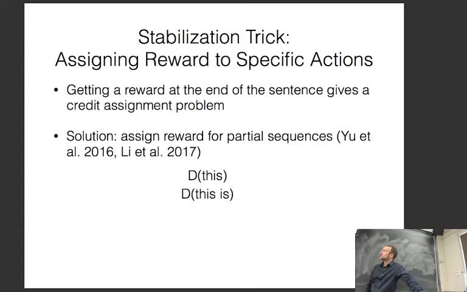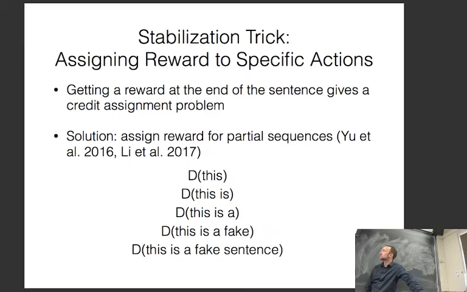Then you do it over "this is," then "this is a," and then "this is a fake." The moment it sees fake, it knows it's a fake sentence and gives a bad discrimination score to it. So your model basically knows that the moment it started generating the word fake, this was a bad idea and it should have generated something else. This is one way that you can avoid this credit assignment problem. And then maybe "sentence" doesn't change anything at all.